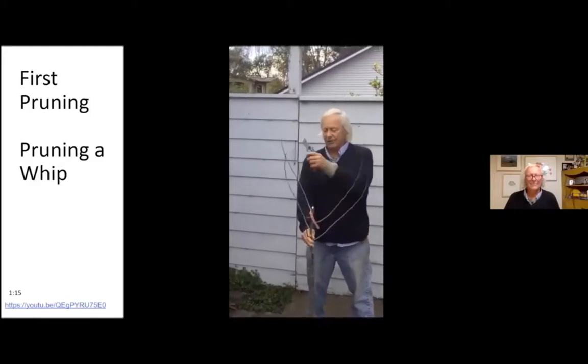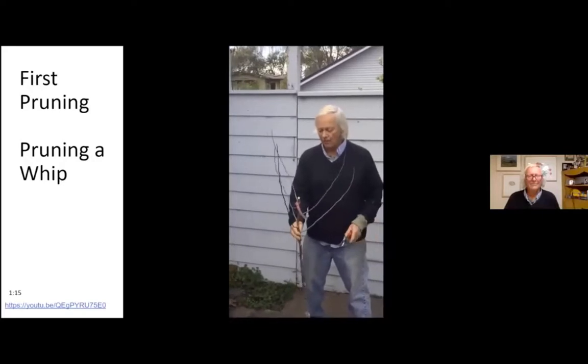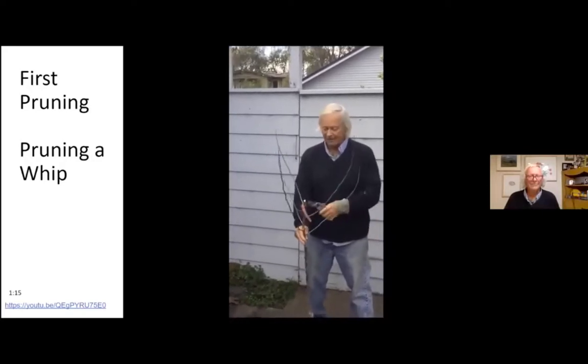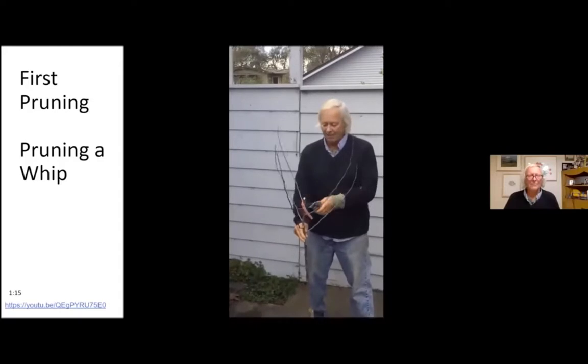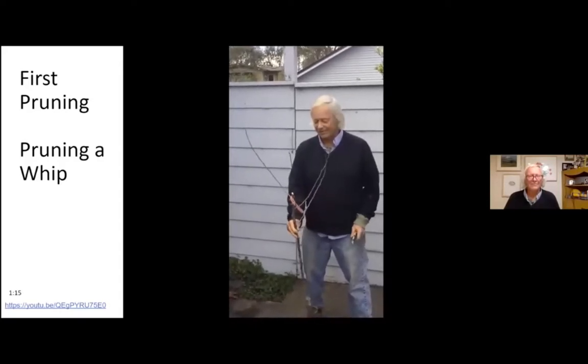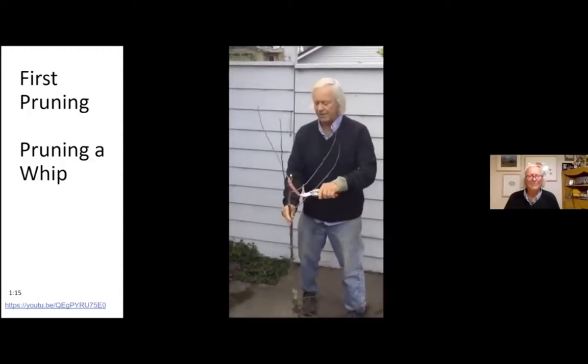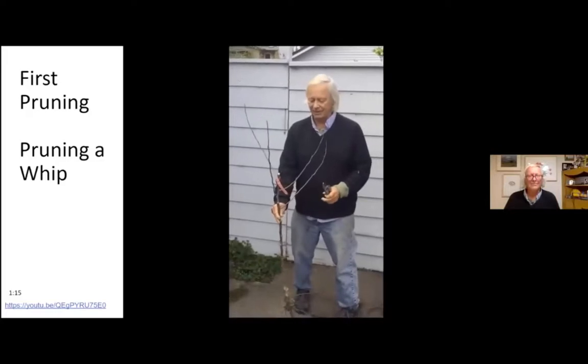This branch will very quickly shade out this branch. So I'm going to go with 4, and I could pick either of these, but I'm going to keep the one that's higher up. And this is a thinning cut. I thinned it out, put it on the ground. And the reason I made that choice is you want as much vertical spacing between these branches as you can get.